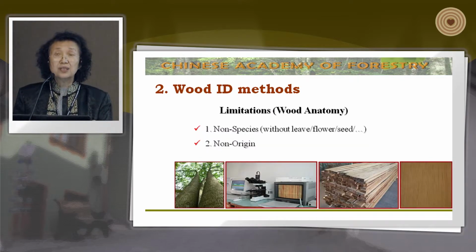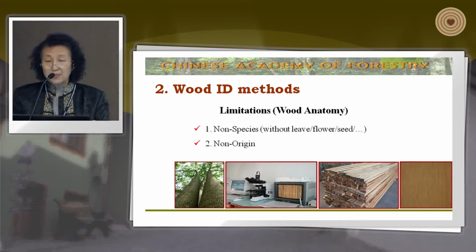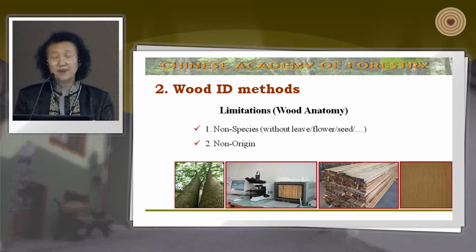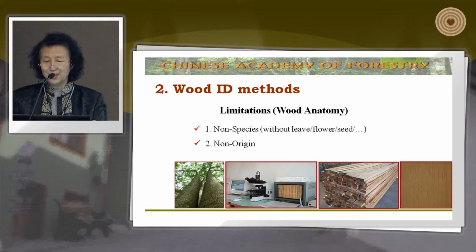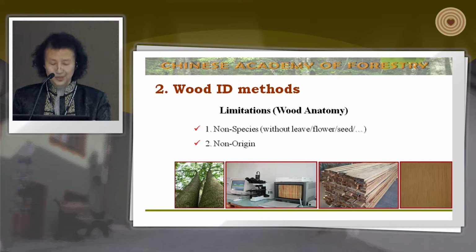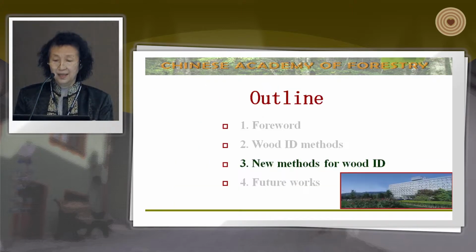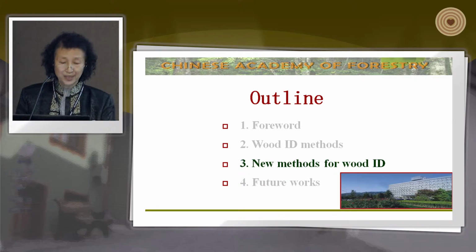But the wood anatomical method has limitations, because without leaves, flowers, seeds, we can't get the species and the origin. So new methods for wood ID should be developed.